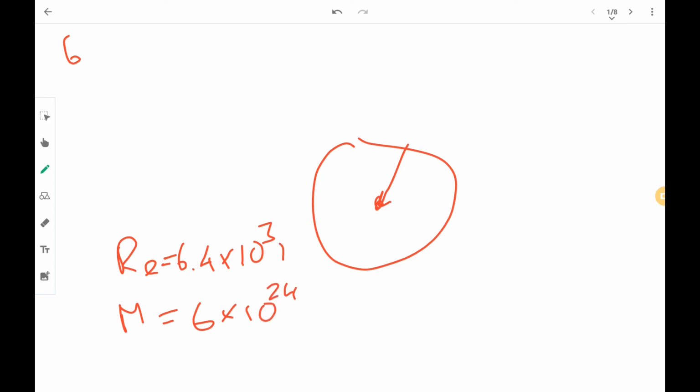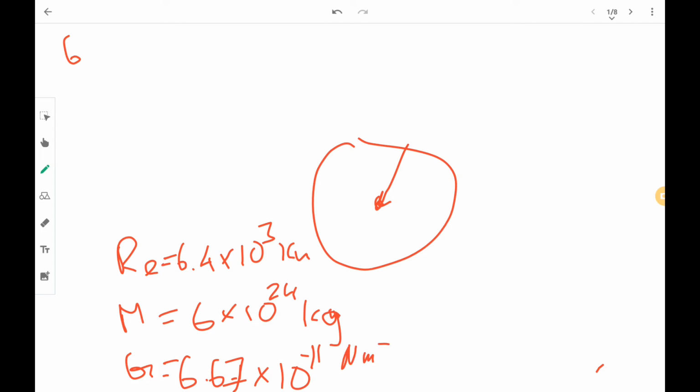This is kilometers and this is kilograms. You also have the constant G, 6.67 times 10 to the power of minus 11, and the unit is Newton meter squared over kilogram squared.